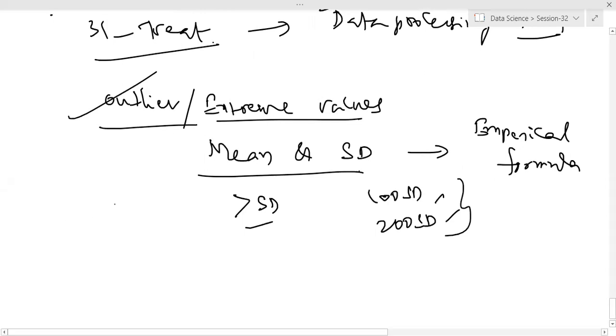Apart from this, friends, what is the other technique we have used in outlier detection? There are three different things in the entire stats. What is the first one?